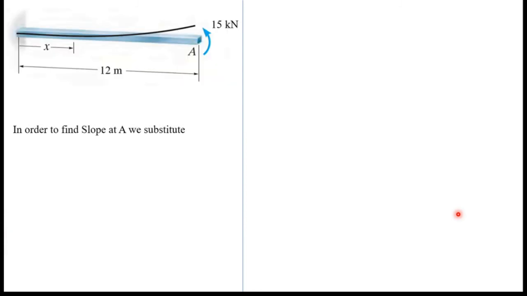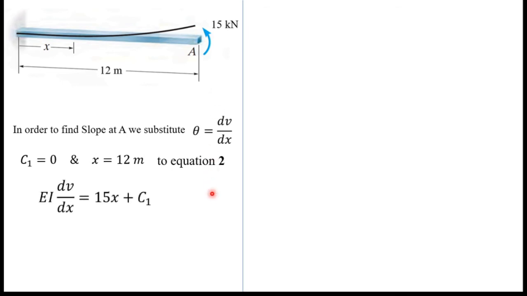In order to find slope at A, we substitute theta equals dv over dx, that is the slope, and c1 equals 0 and x equals 12, because at A the x value is 12. The beam length is 12, into equation 2.